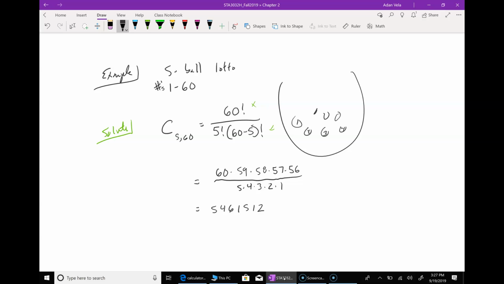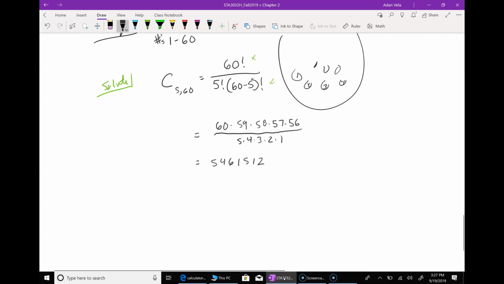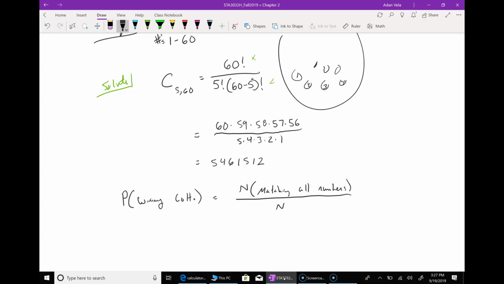So that's usually the question we want to ask: what's the probability of winning the lotto? It's the number of ways of matching all numbers divided by the total number of ways that we can draw 5 numbers.